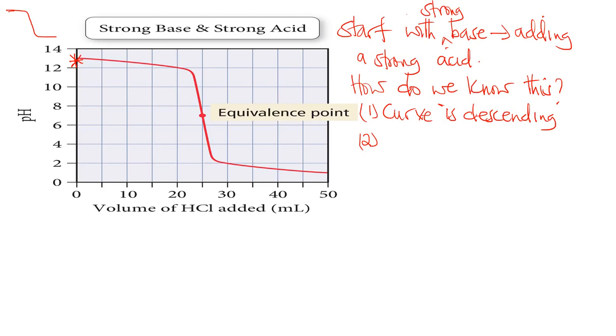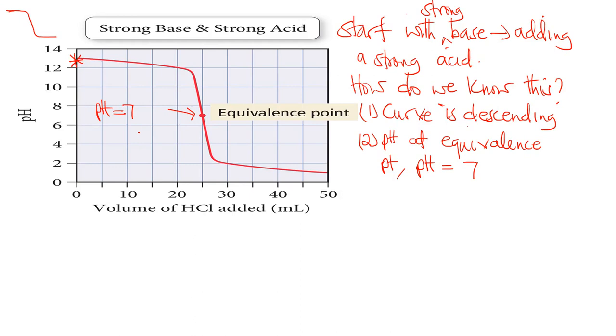Either way, you expect the pH at equivalence point to be equal to 7, where neutralization is.